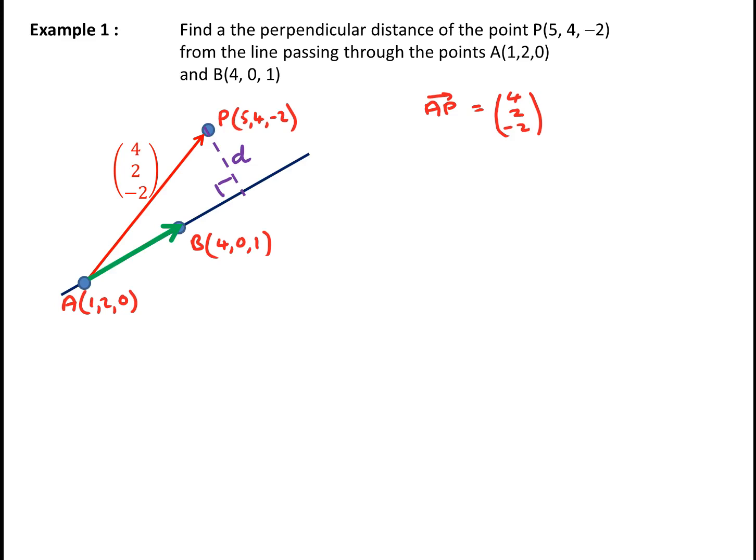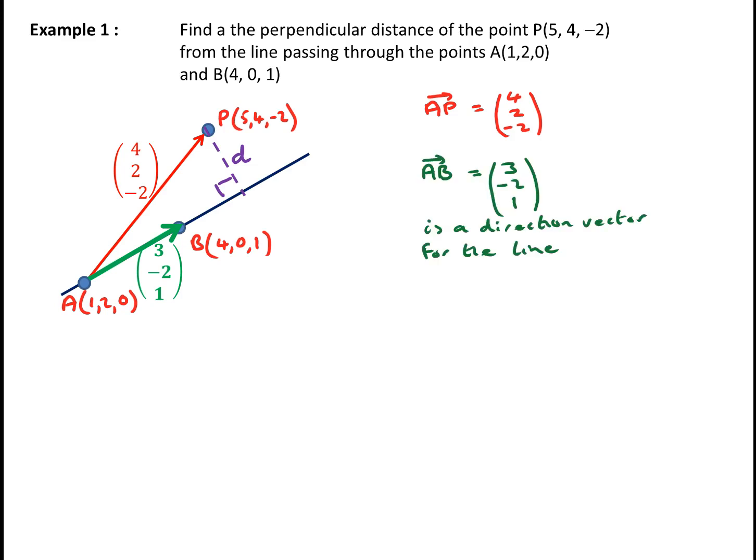The direction vector for the line is A to B, and the vector A to B has an x move of 3, a y move of -2, and a z move of 1. So the direction vector for the line is the vector (3, -2, 1).